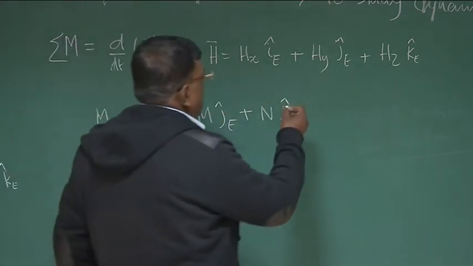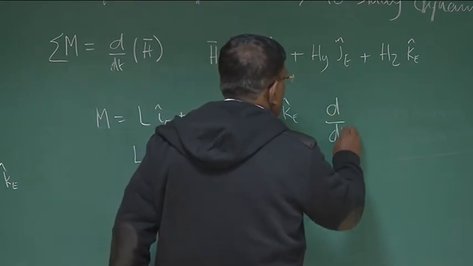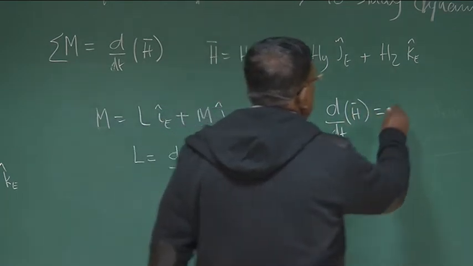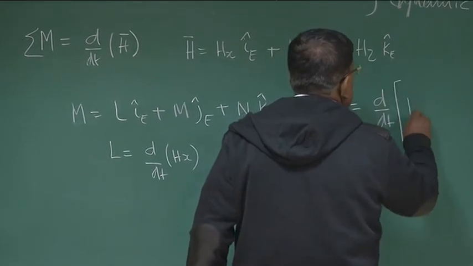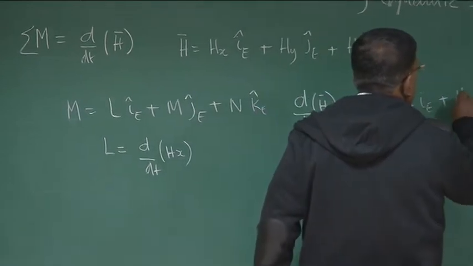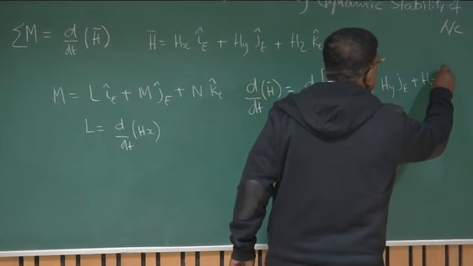If you are not clear, let me repeat here. d by dt of H is equal to d by dt of Hx iE plus Hy jE plus Hz kE.